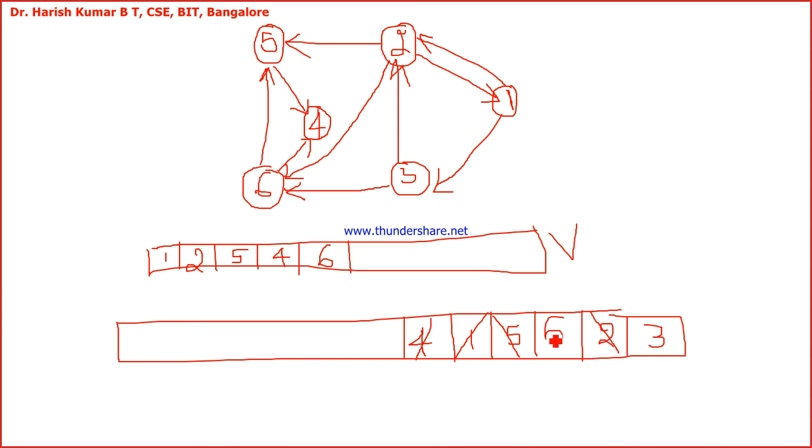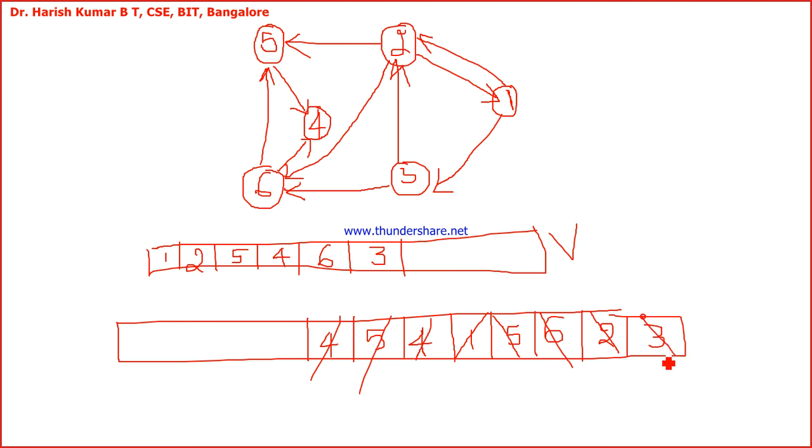Adjacent nodes of 6 are 4 and 5. I'll add 5 and then 4, and next node to visit is 4 again. Since 4 is already visited, I pop it, and next node to visit is 5. 5 is already visited, I pop it, and next node to visit is 3.